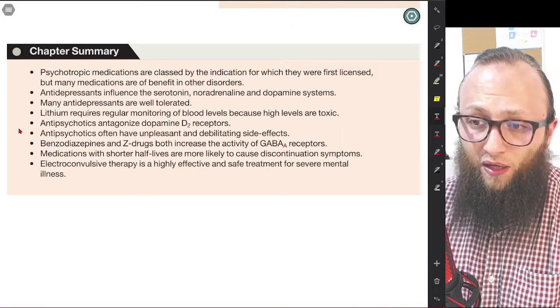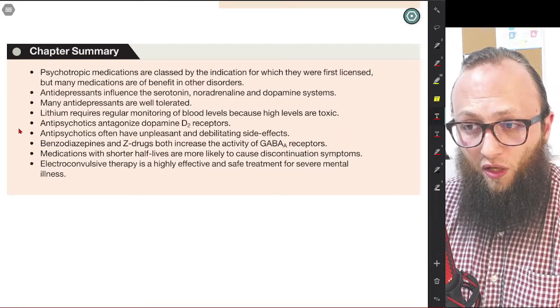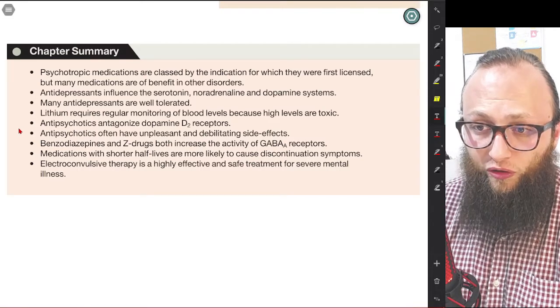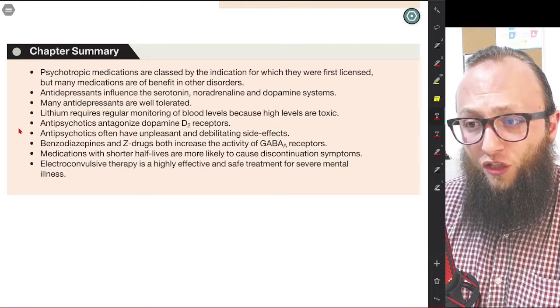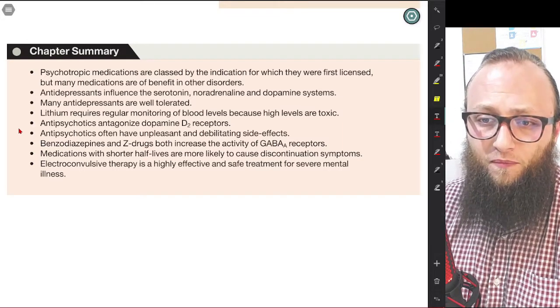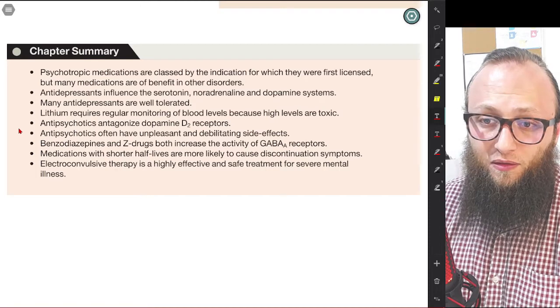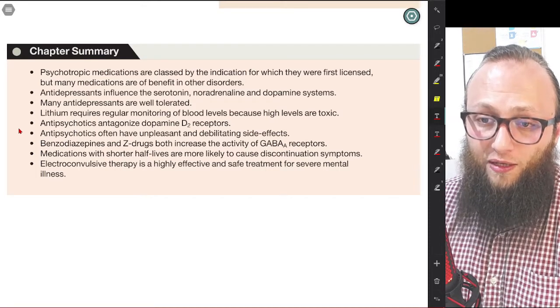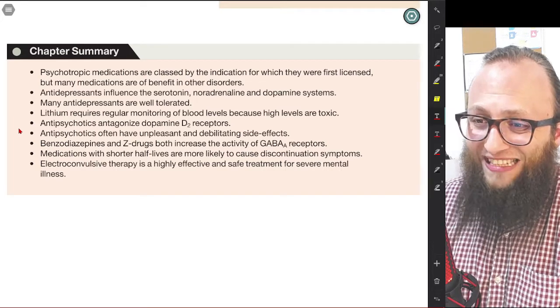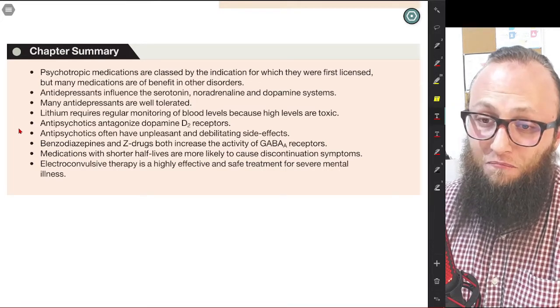Benzodiazepines and Z-drugs both increase the activity of GABA-A receptors. Medications with shorter half-lives are more likely to cause discontinuation syndromes or symptoms. Lastly, electroconvulsive therapy is a highly effective and safe treatment for severe mental illness.